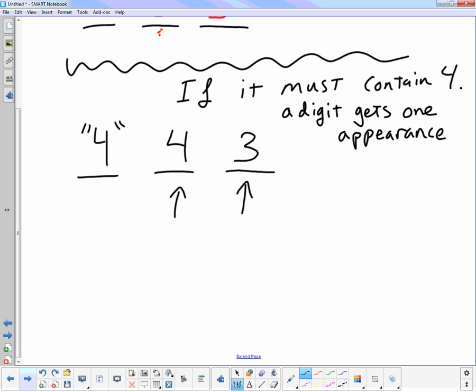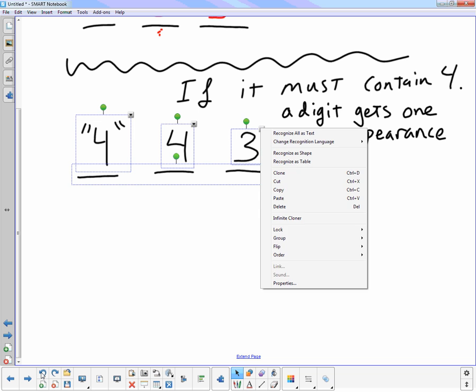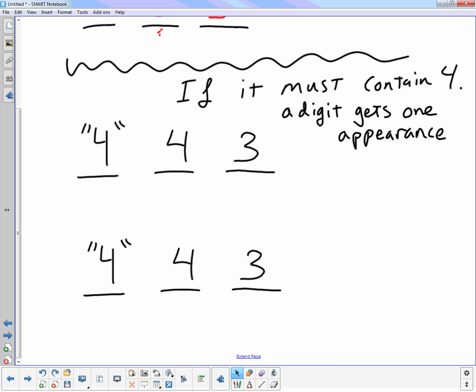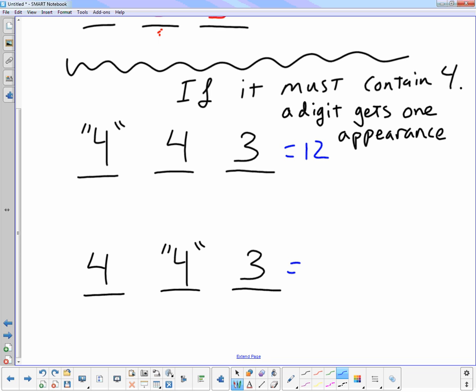Okay? Now, this is when the 4 lived in the beginning. What happens when 4 lives in the middle? We'll have something like that, won't we? Yeah? And this gave me 12. This gave me 12. And of course, the third case will give me 12 also.